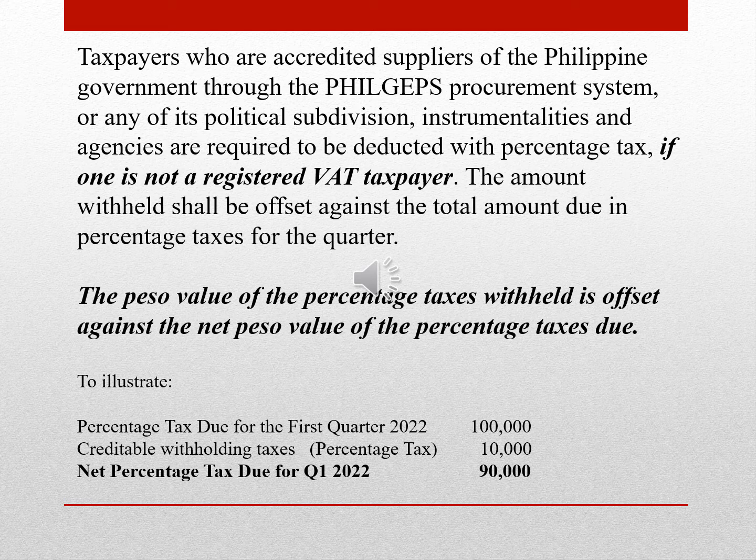So, that's a complicated topic in itself, but, just to give a brief background between the percentage tax and a VAT taxpayer. So if your gross receipts, gross sales, or gross revenue exceeds 3 million, then you, by law, you are automatically a VAT taxpayer.